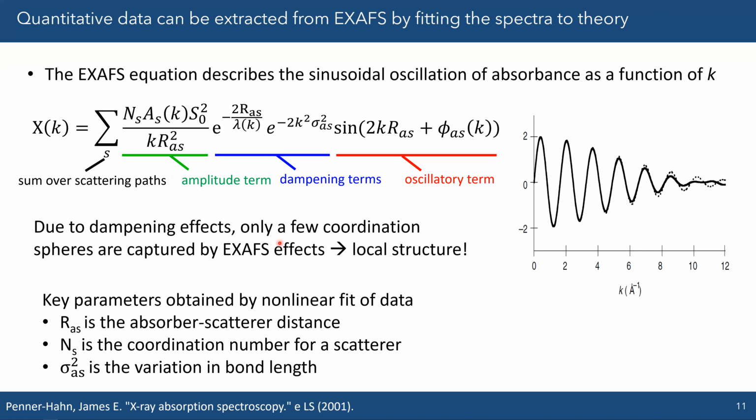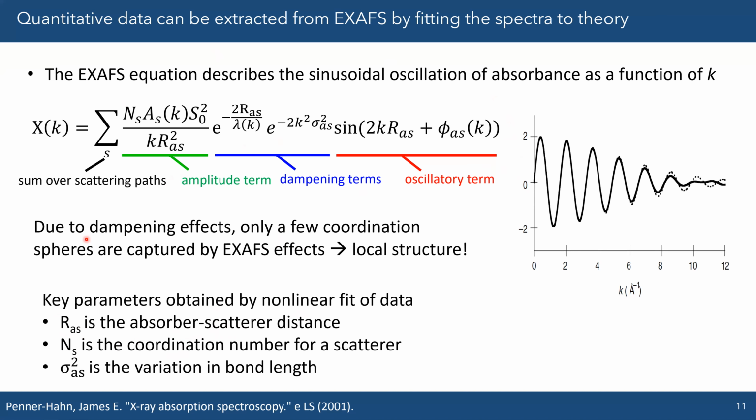So basically, the key is that by fitting this equation, which simulates your XAS data, to the actual observed XAS data, we can get out three important parameters: the absorber-scatterer distance, the coordination number, and the variation in bond length.